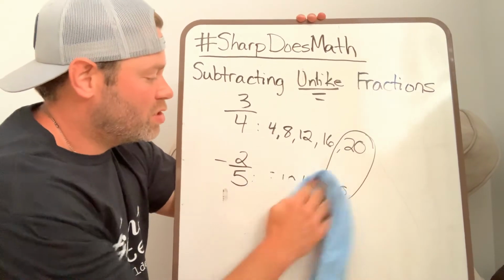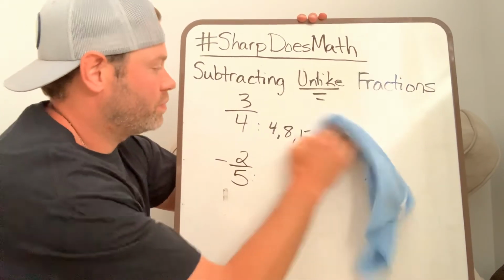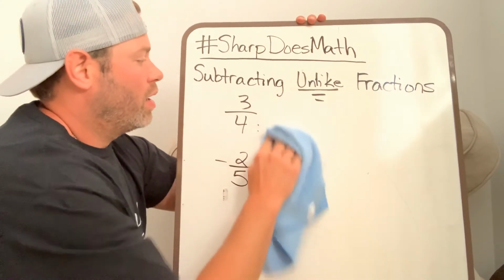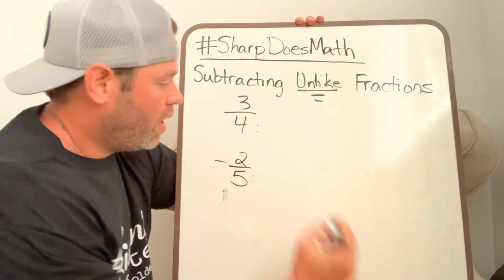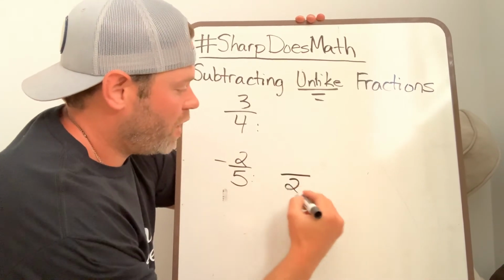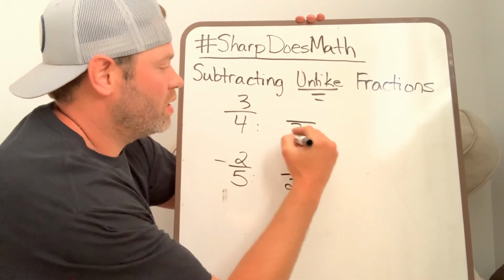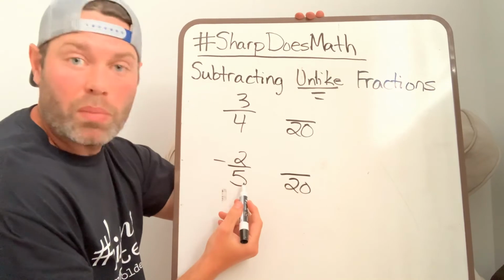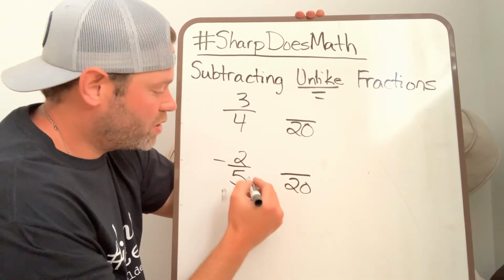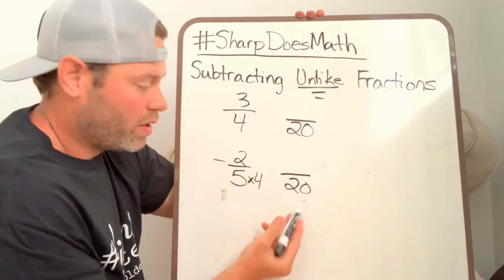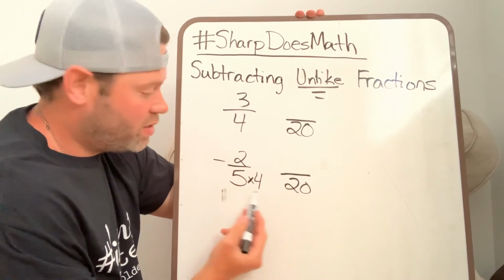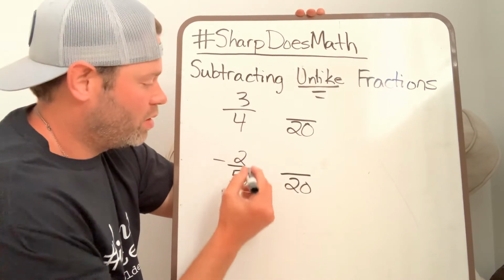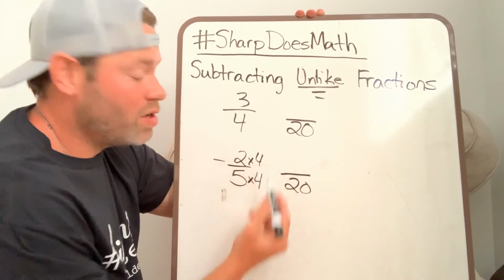Right? So just keep that number 20 in mind. And I'm going to make our new fractions over here with 20 in the denominator. Okay? Here we're multiplying. So 5 times 4 gives me that 20. And since I multiplied by 4 here, we're going to multiply by 4 in the numerator also.